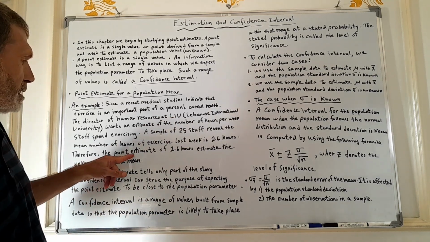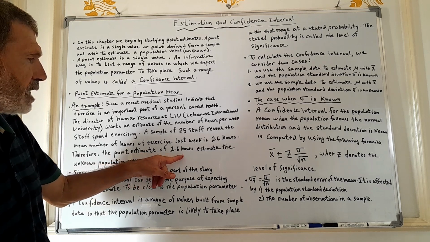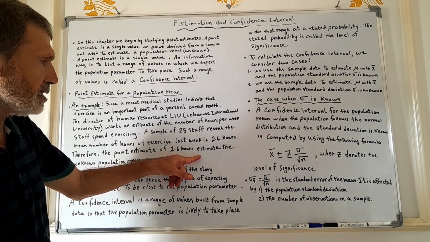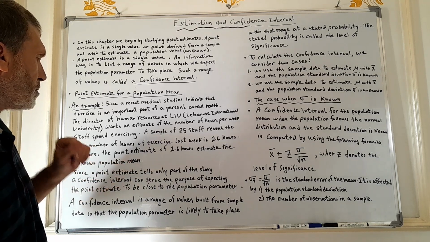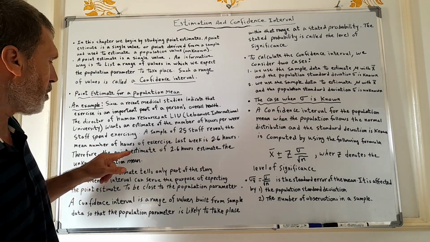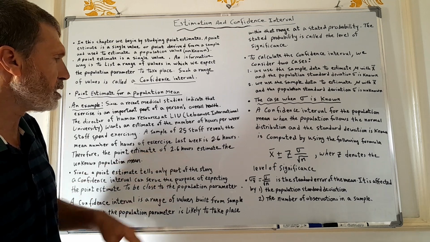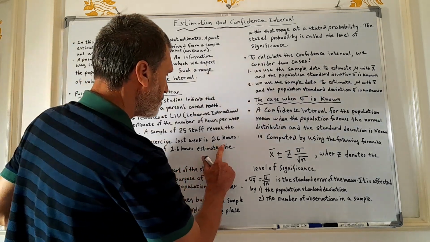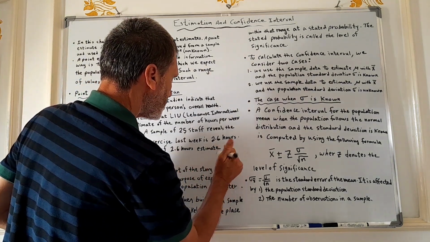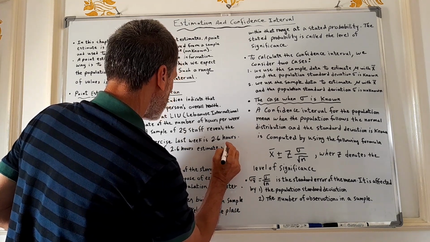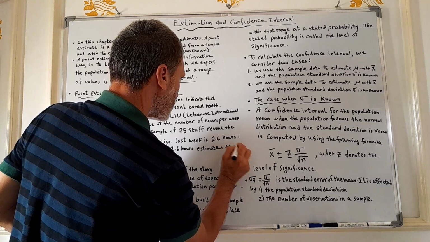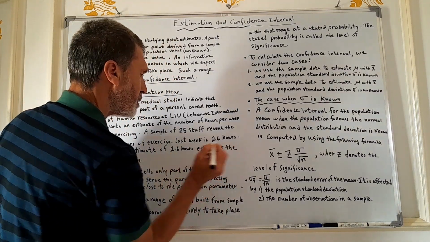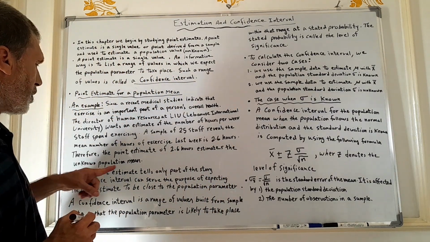Therefore, the point estimate of 2.6 hours estimates the unknown population mean.